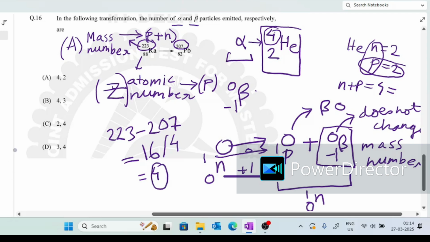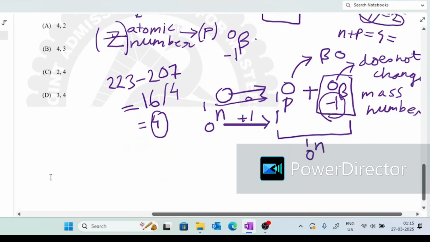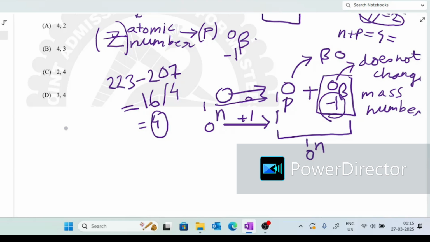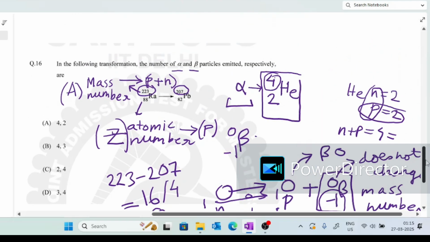Now we have to find the beta particles. As we see, a beta particle only changes the atomic number by +1. So what we can do is see what the atomic number should be after the loss of these 4 alpha particles.